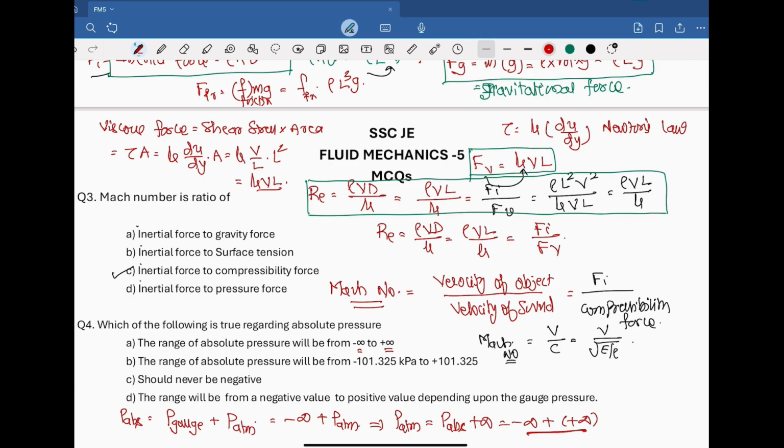But minus infinity adding to plus infinity has no value in physics and mathematics. And atmospheric pressure cannot be minus infinity or plus infinity. We all die if atmospheric pressure is going to be infinity. There will be nothing in this world. Hence, this is ruled out.